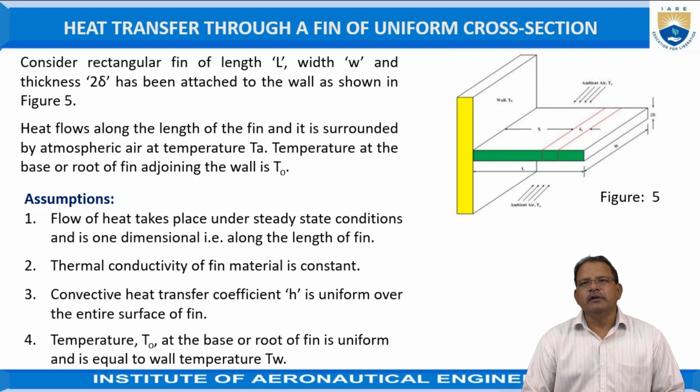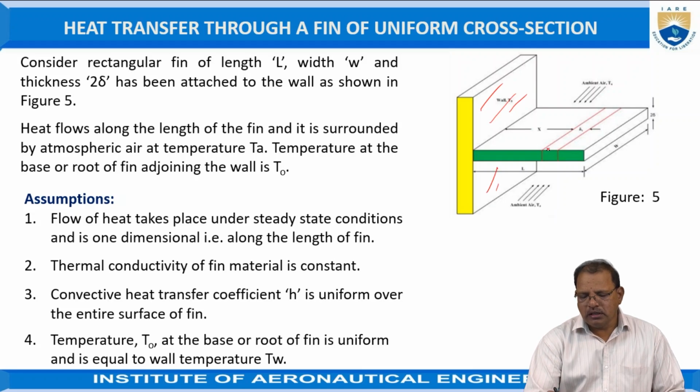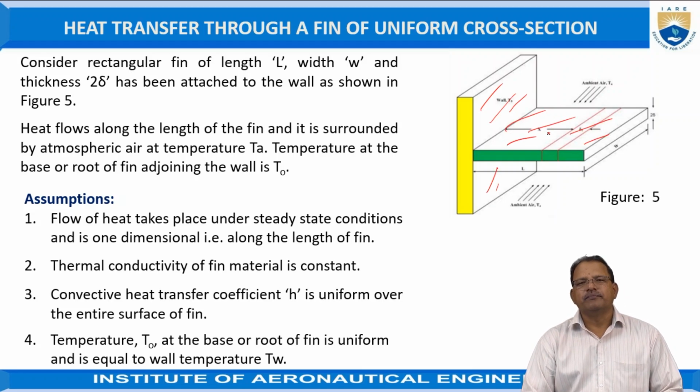Heat transfer through a fin of uniform cross section. Let us consider a fin which is kept perpendicular to the hot surface as shown in the figure. This is the hot surface, and these are the fins.